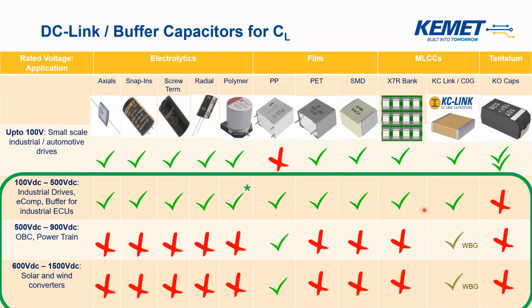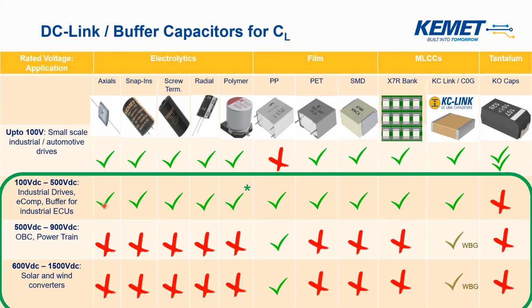Last but not the least, just a summary of different capacitors to serve as a smoothening capacitor. So up to 100 volts is not really something which would be interesting for this webinar, because we're really talking about AC-DC conversion for consumer electronics. So AC means you would not expect voltages at the output of a rectifier to be below 100 volts.